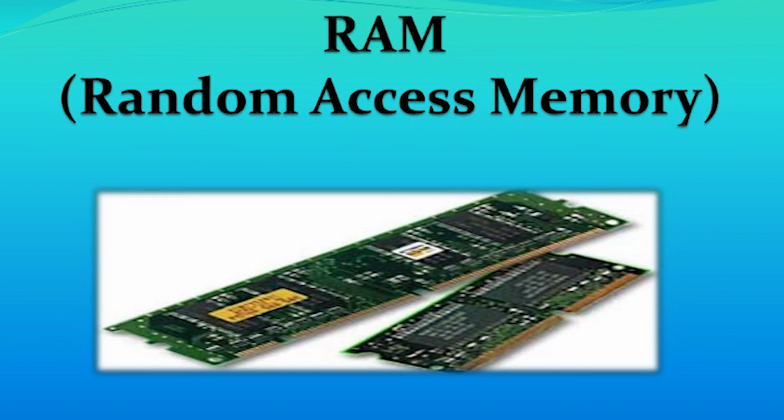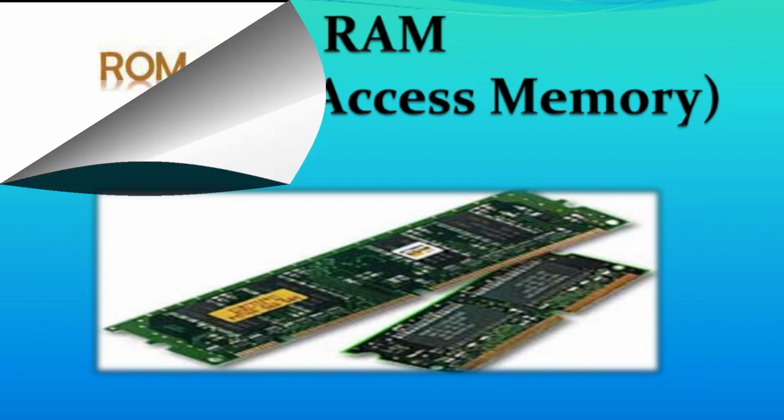RAM is also called read or write memory, as we can read information from it as well as write instructions on it. That is why this primary memory is also called read or write memory.